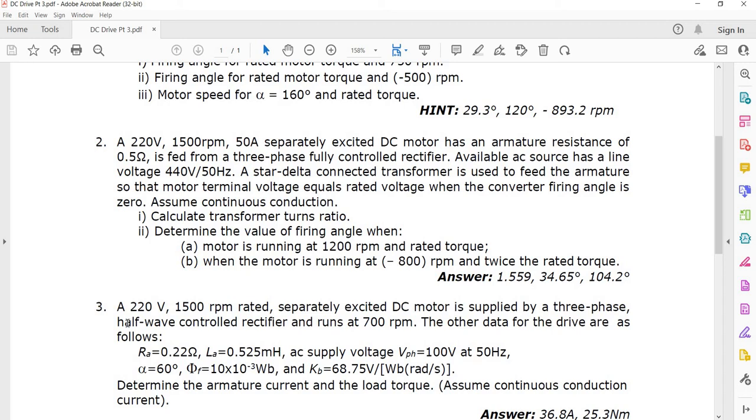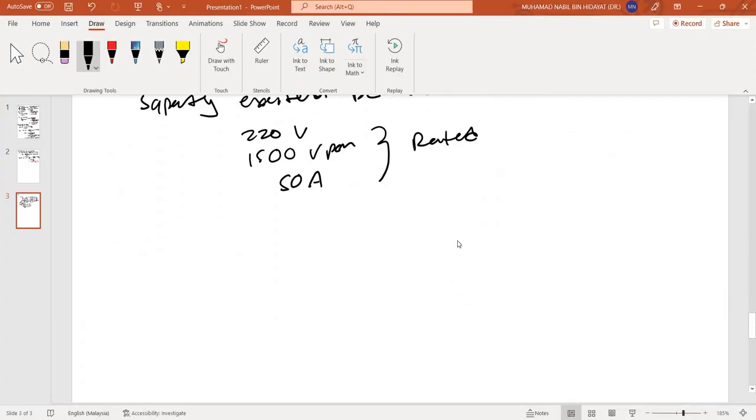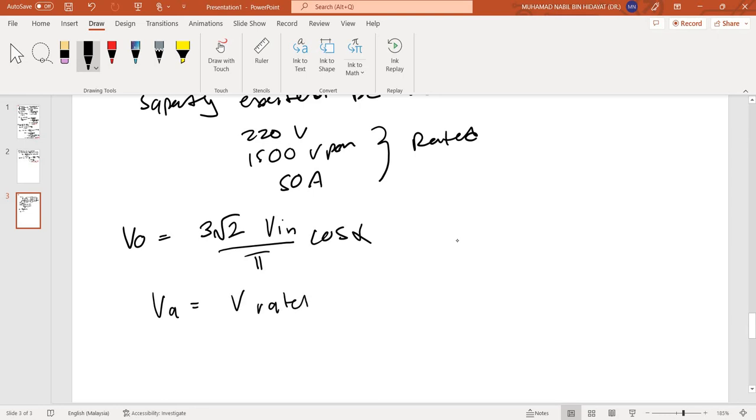Okay, so first we identify VO. VO is 3 V in over pi cos alpha. So VO is the V rated when alpha is 0.